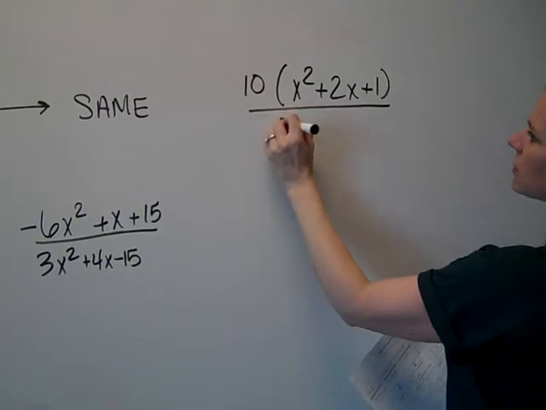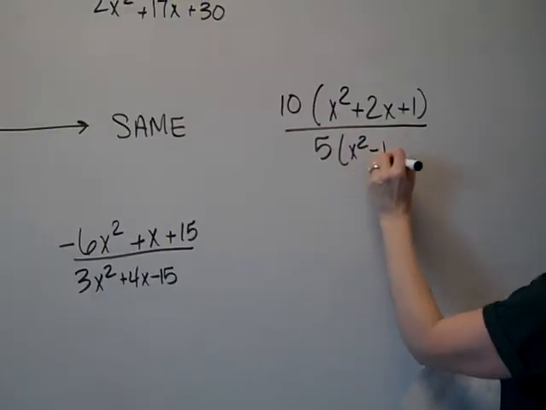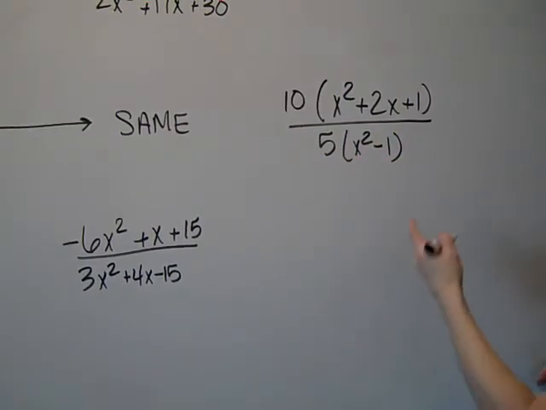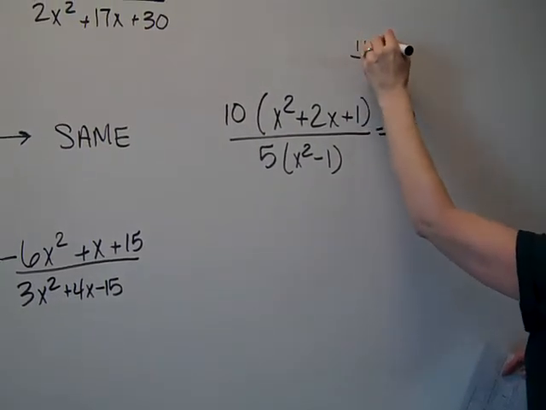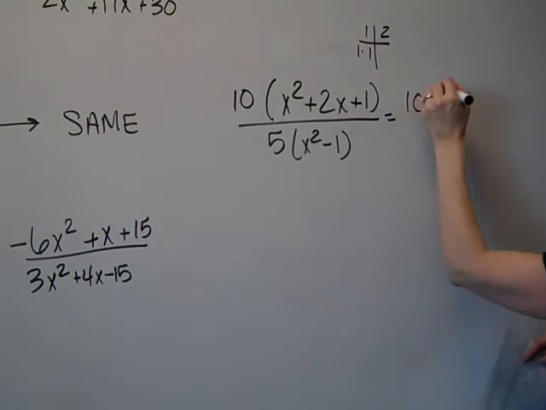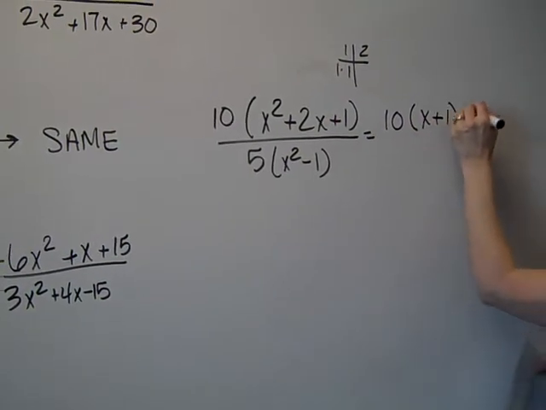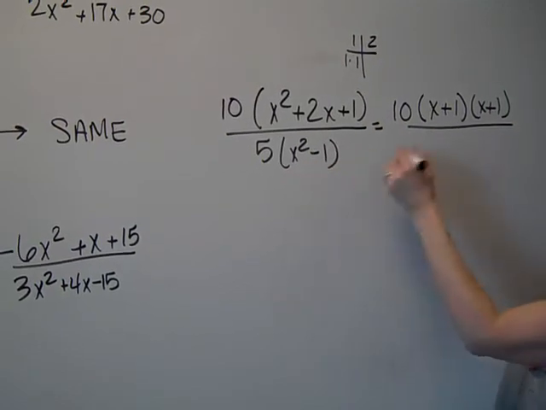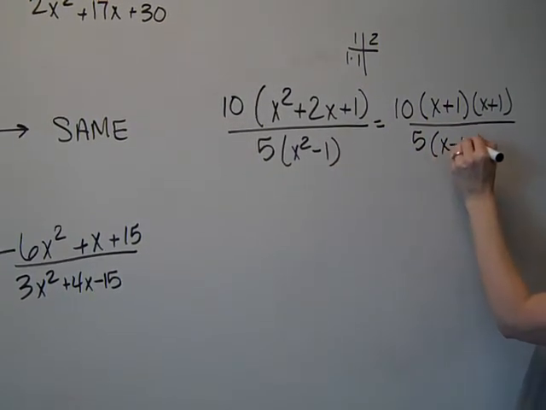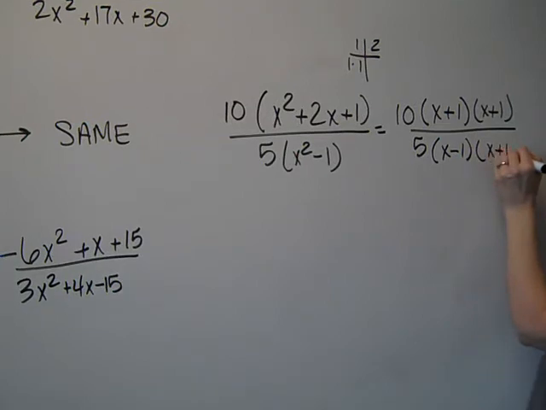Out of the bottom, we're going to take out the 5 and get x squared minus 1. And then we still have to keep factoring. What multiplies to give me 1 but adds to give me 2 would be 1 times 1. So the top factors into x plus 1, x plus 1. The bottom, if you look, is a difference of squares. So that's x minus 1 and x plus 1.